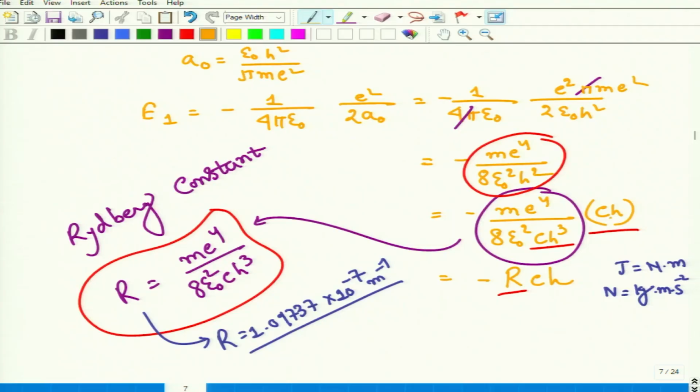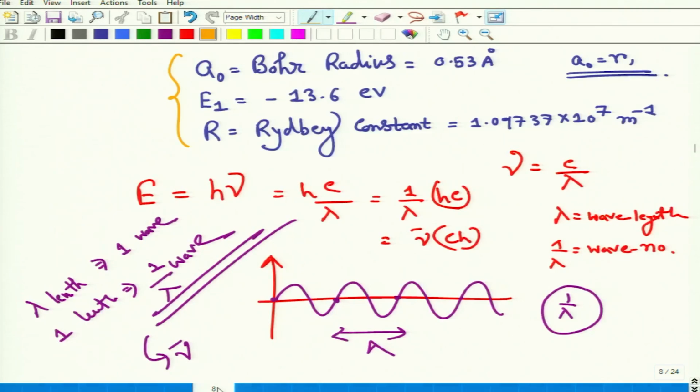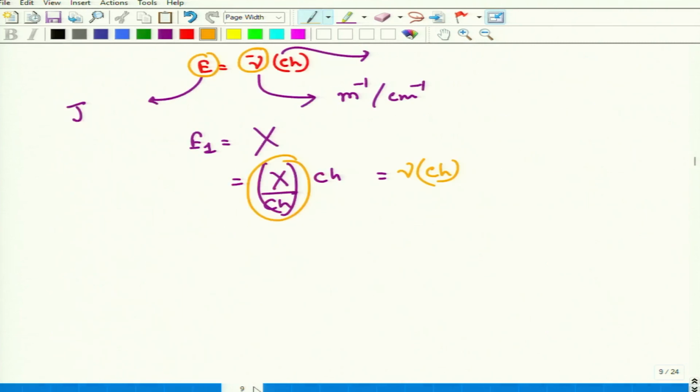Actually, it will be very easy to deal with the experimental result in the centimeter inverse or the meter inverse unit, that means in the wave number. That is why it was multiplied by Ch and divided by Ch, and R is the wave number. Okay. So any energy we can convert into a wave number. Wave number also represents the energy, though it is the wave number, but it actually gives the feeling of the energy.